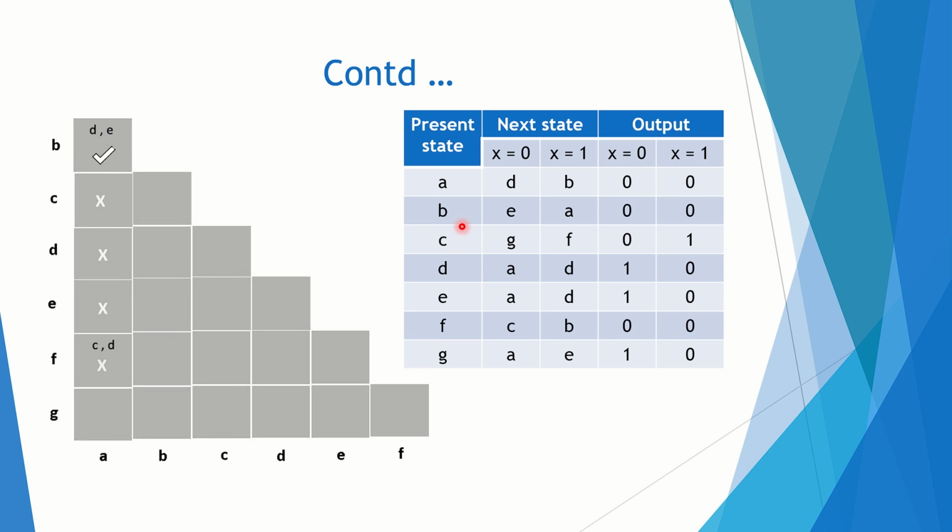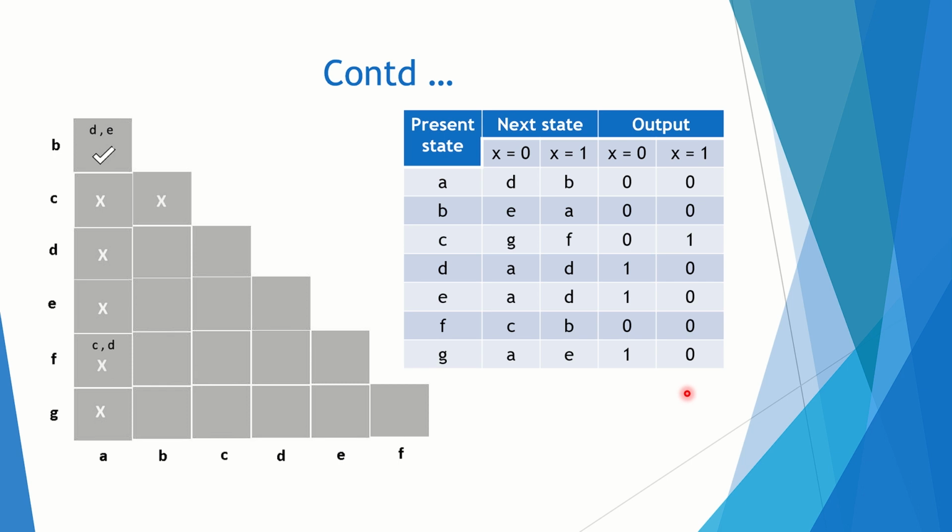A and F: C, C, B, the outputs are equal, but for CD, when C and D are equal it will be equal, but C and D are not equal, so it is written as not equal state. A and G: you can see different output, so it is not equal.